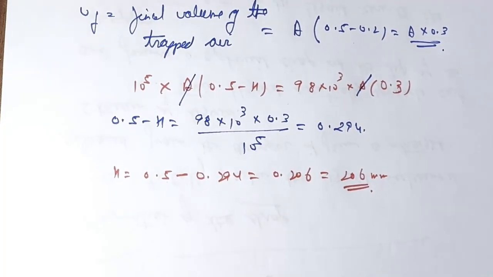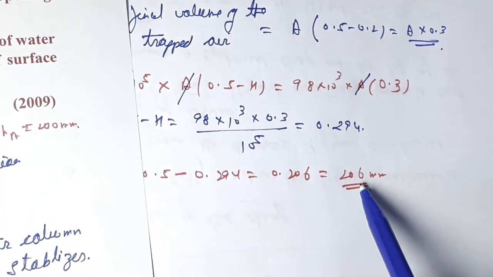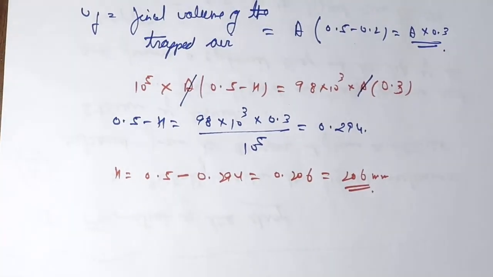So we just calculated h, which means the initial height of the water came out as 206 mm, and the final height given to us is 200 mm.